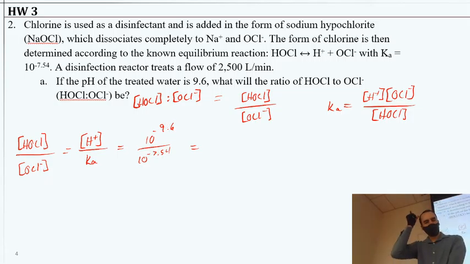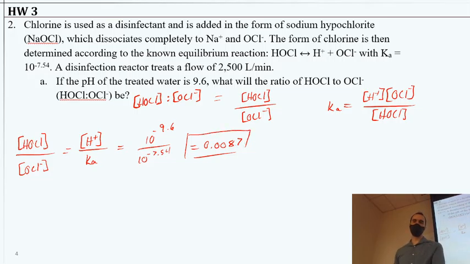That should be something like 10 to the minus 2, so somewhere around 0.01. And if you put it in a calculator, 0.0087, pretty close to 0.01. Okay, so that's the ratio we were looking for.